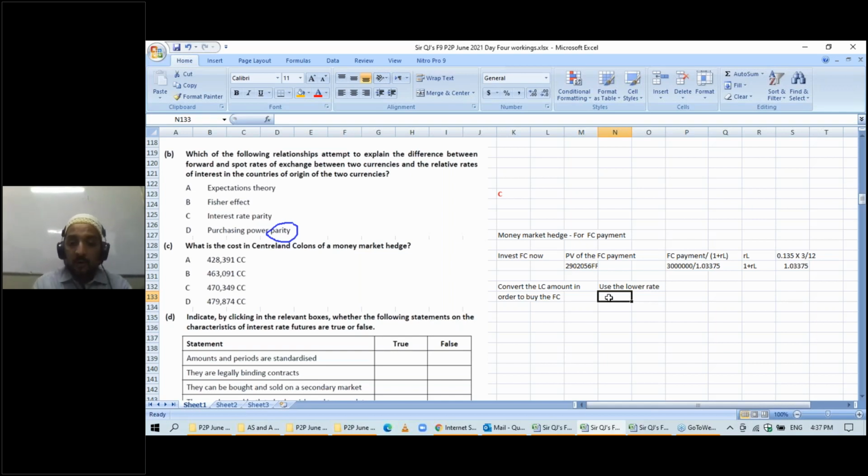So I'm writing the formula over here. The foreign currency amount to be invested divided by the spot rate, lower rate. It will always be a lower rate in this step.